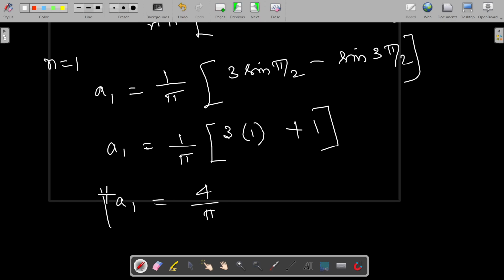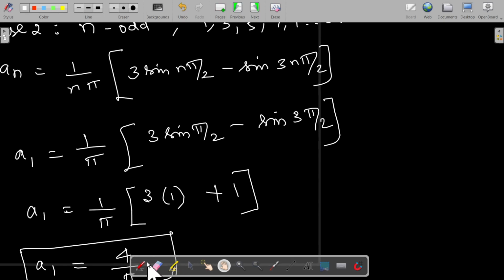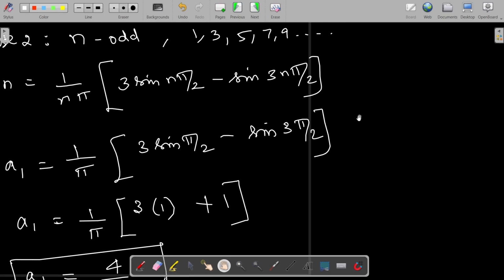This a1, we got the value 4 by pi. Then we can find this a3 value in a similar way. Because n equals 3, a3 is equal to 1 by 3 pi.